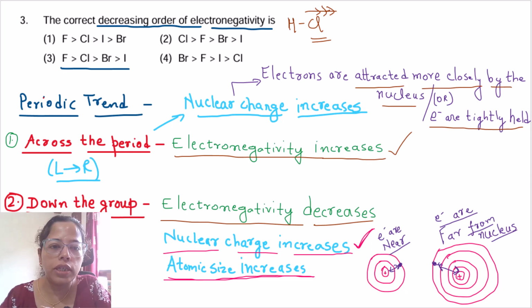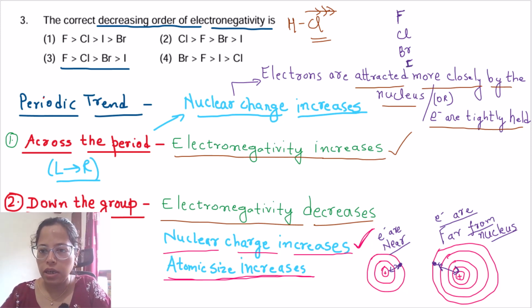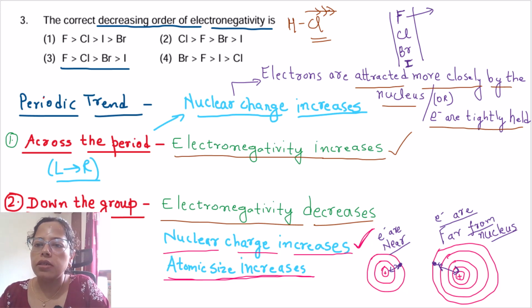If you look at this question, among halogens this order is down the group: fluorine, chlorine, bromine, and iodine. This is the arrangement in the halogen group. Fluorine is topmost and iodine is at the bottom. Topmost means what? It's smallest in size, right? Fluorine is smallest in size amongst the halogens and iodine is the largest atom.